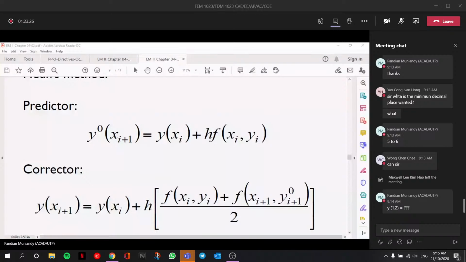It's not so important because if your steps are correct, then the decimal number is minor. Of course, for the accuracy purpose, we will check. It is better you be consistent. Sometimes you round up to 5 or 6, so we will know.